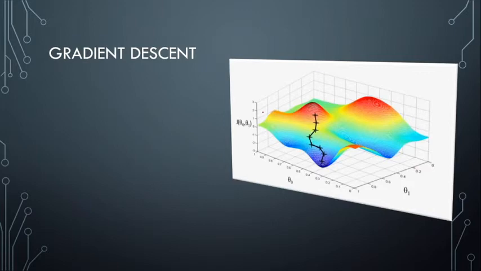Now, since we initially don't know where the minimum is, we initialize both parameters at a certain place like this. You have to understand that we don't actually know where the minimum is in the first spot. By looking at the surface, we can tell where the minimum is.